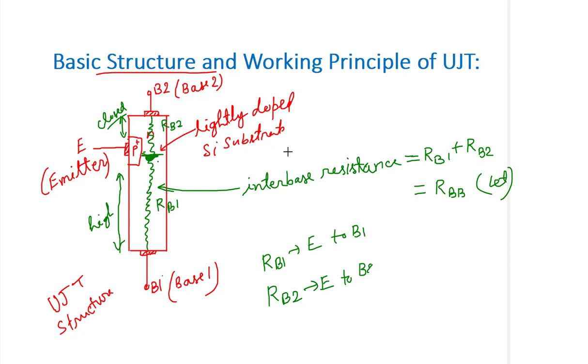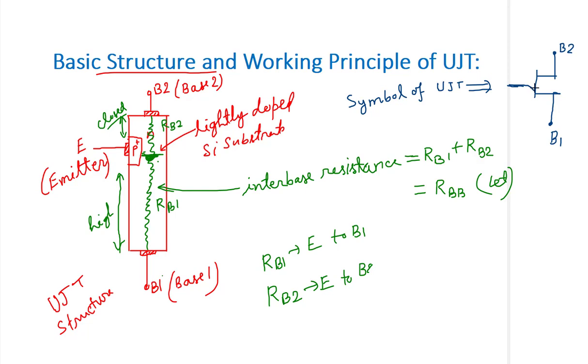Next, we draw the symbol of the UJT. In the symbol, there are three terminals: base 1 terminal, base 2 terminal, and the emitter.